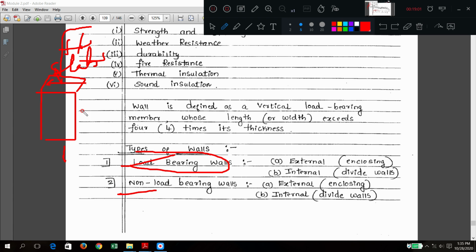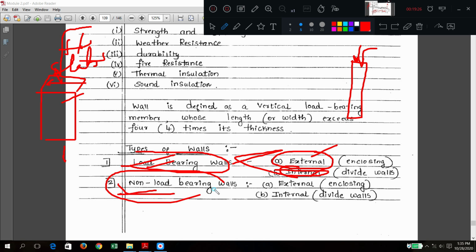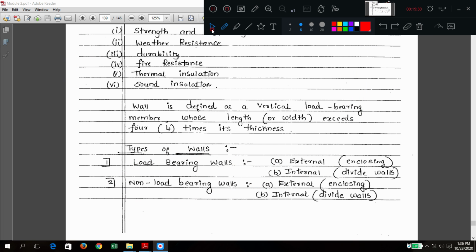Generally they are external, but sometimes some walls may be internal. Inside walls sometimes may carry loads and sometimes may not. So in load bearing you have external and internal, and in non-load bearing also you have external and internal.